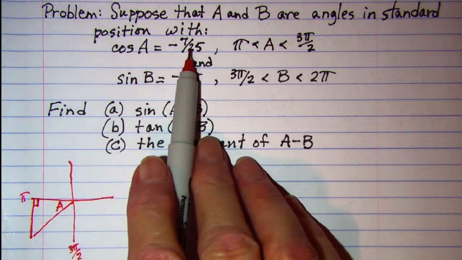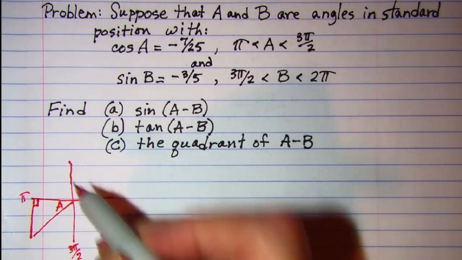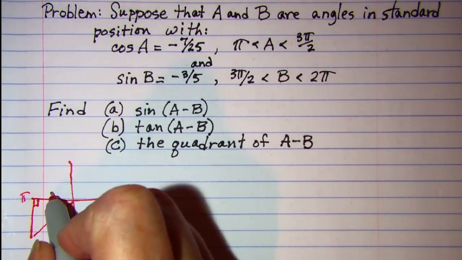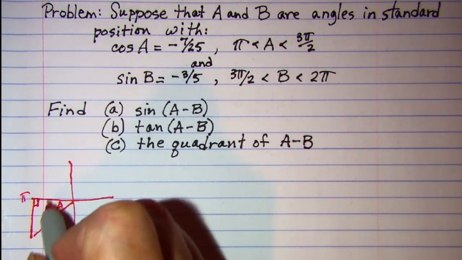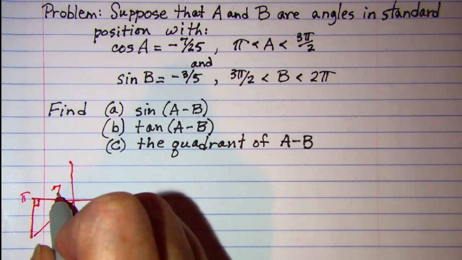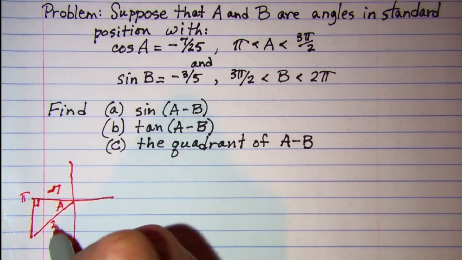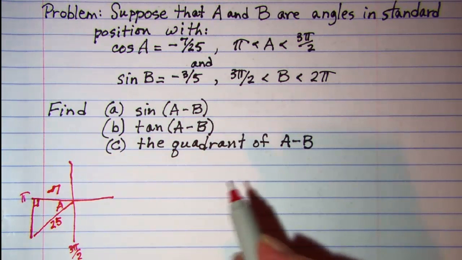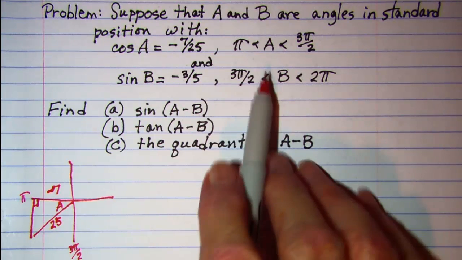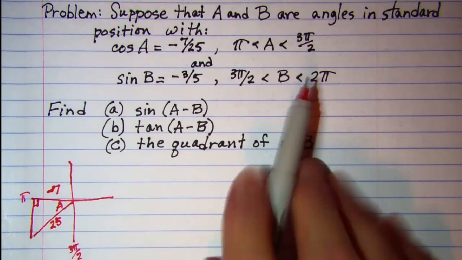And the cosine is negative 7/25. So cosine is adjacent over hypotenuse. So the adjacent side is negative 7, and the hypotenuse is 25. Then angle B is between 3 pi/2 and 2 pi.